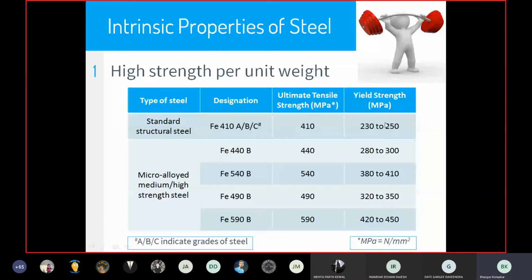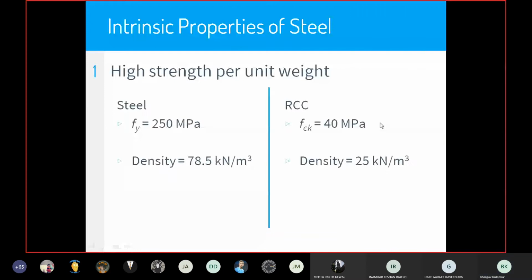If I compare it against concrete, can someone tell me how is the strength of concrete designated? Heard of M20, M30, M40 concrete? Can someone tell me what M stands for? The mix. Yes, so it is mix 40, mix 50 and so on.